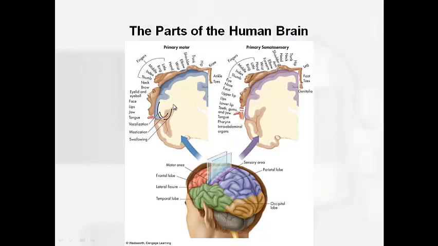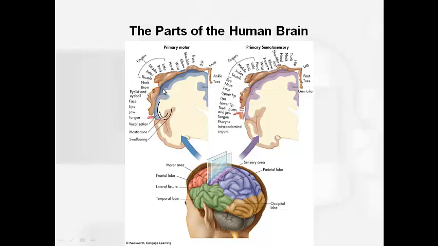Now, these images are called the homunculus. Homunculus literally means little man, and as you can see, different regions of the body are represented in our brain.